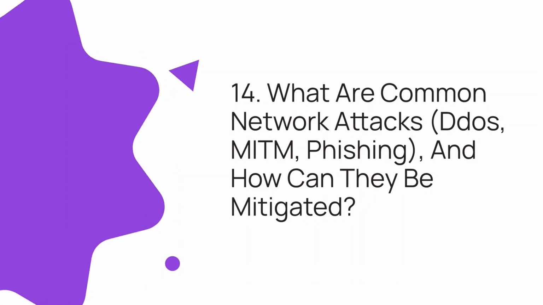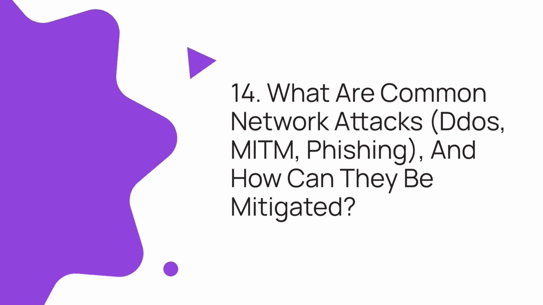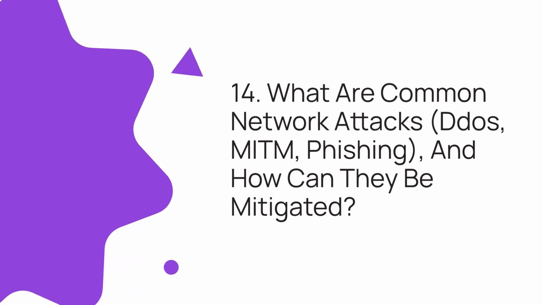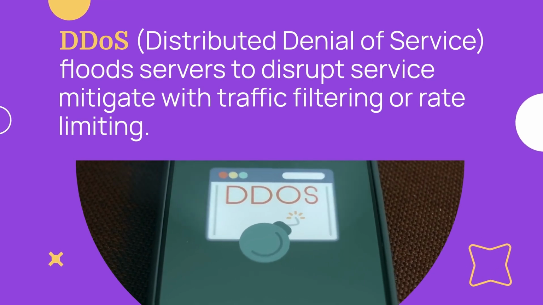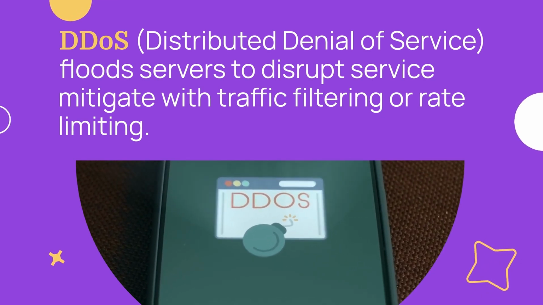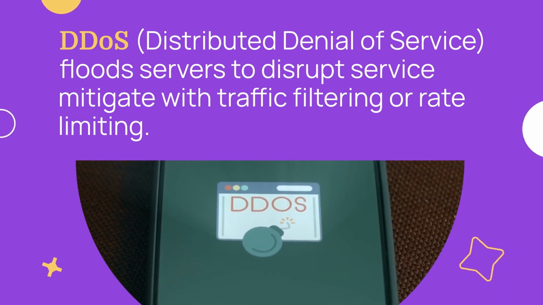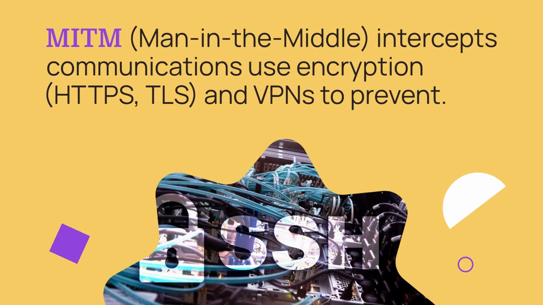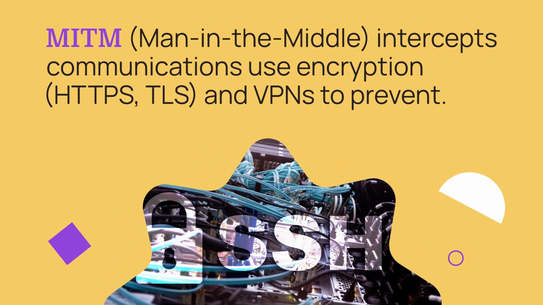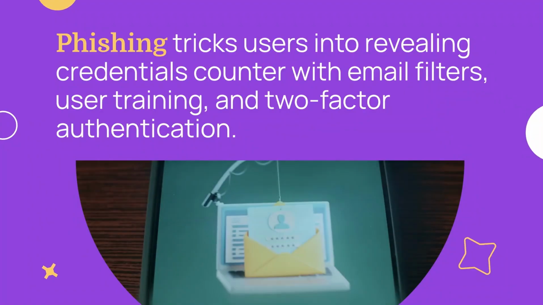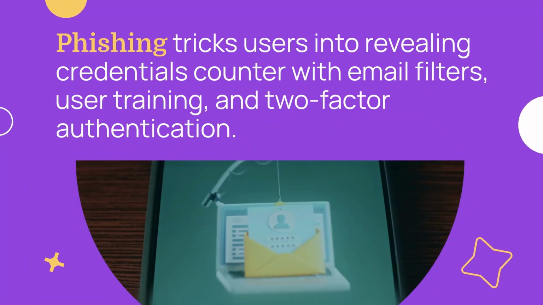14. What are common network attacks, DDoS, MITM, phishing, and how can they be mitigated? DDoS, Distributed Denial of Service, floods servers to disrupt service, mitigate with traffic filtering or rate limiting. MITM, Man in the Middle, intercepts communications, use encryption, HTTPS, TLS, and VPNs to prevent. Phishing tricks users into revealing credentials.